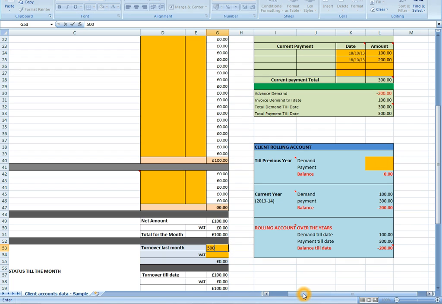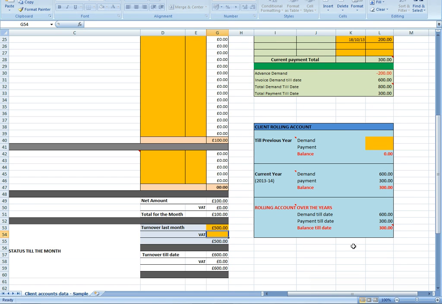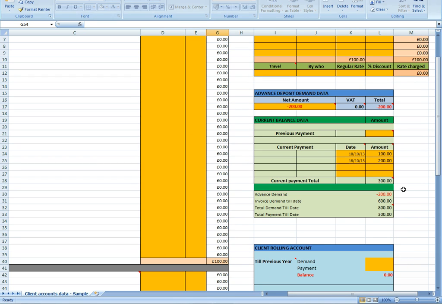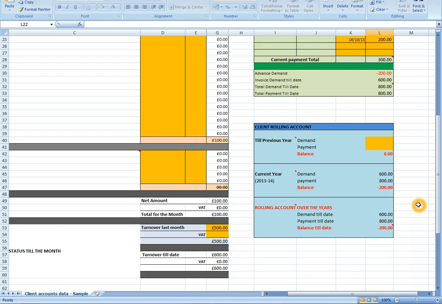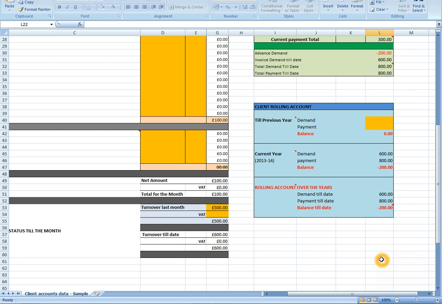Say 500 for the previous months we have done business. And you'll see it goes to 300 because there was a credit of 200. Yes, that's true. Now the client then is a good client, as I said, so he paid that 500 again in the previous months, and again he's back in credit of £200.